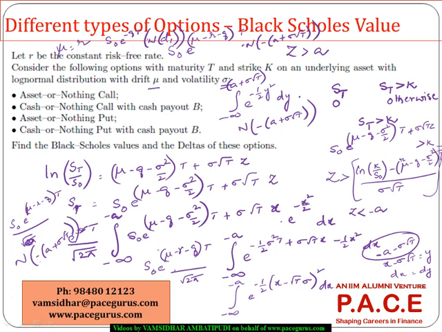Minus infinity to minus of this one is giving me an expression which is S naught into e power (mu minus r minus q) times t, N of minus of (A plus sigma root t). So this is the way I can work out for the asset or nothing call.